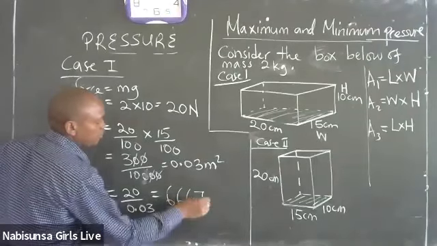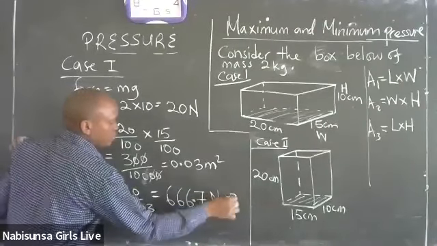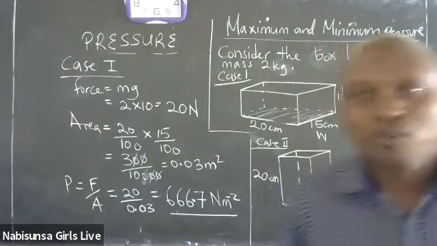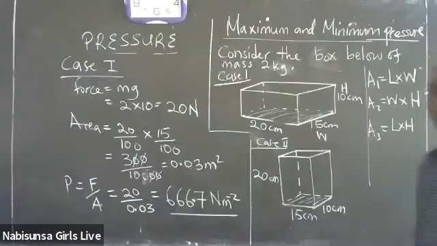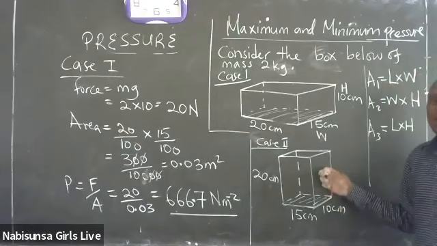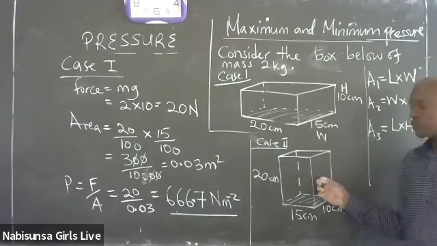We can round off to 667. That is the pressure for case 1. Now we want also to calculate the pressure in case 2, when it is vertical. Then those two answers, we shall compare them.